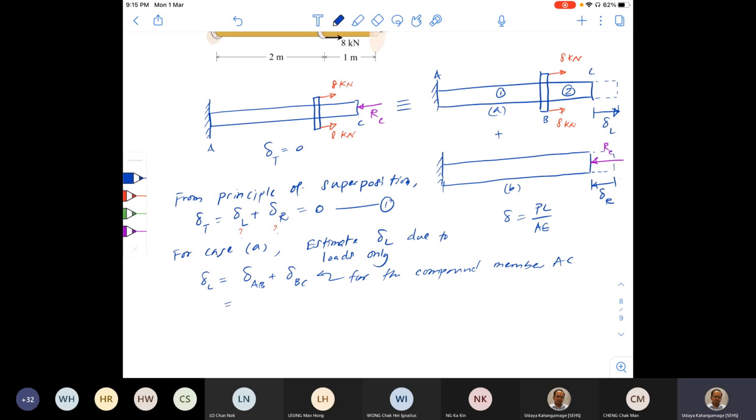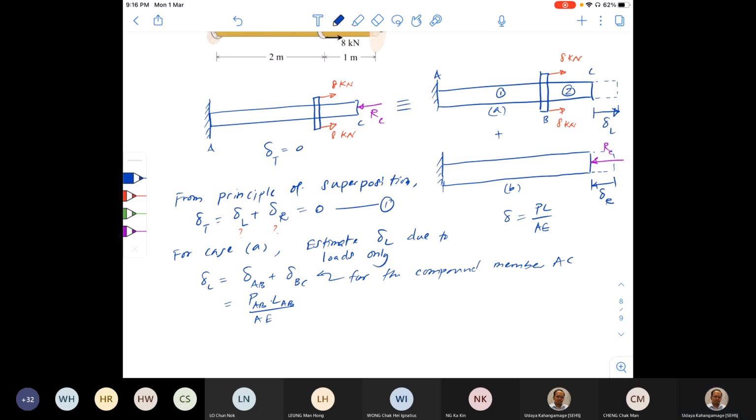So that means delta AB means PAB into LAB over AAB and EAB. Now here the area and the material are the same, right? Therefore, A and E are the same. So I just keep AE.